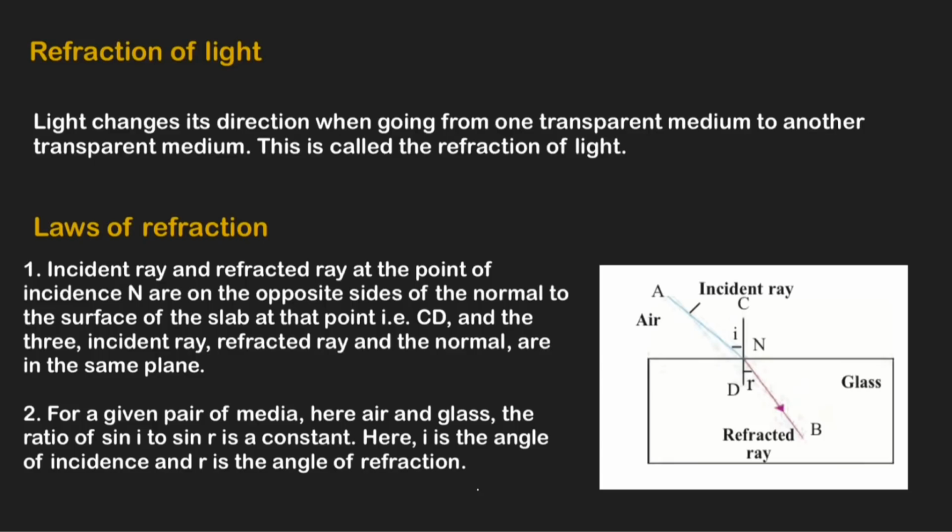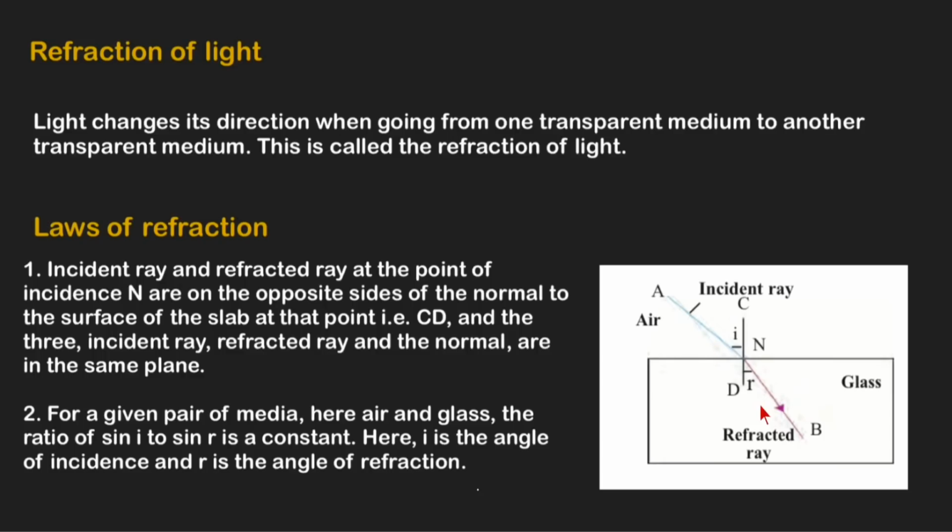The first law says that the incident ray and the refracted ray at the point of incidence N are on the opposite sides of the normal to the surface of the slab at that point, that is CD. Here is the normal, this one is incident ray, N is the point of incidence, and that is refracted ray.